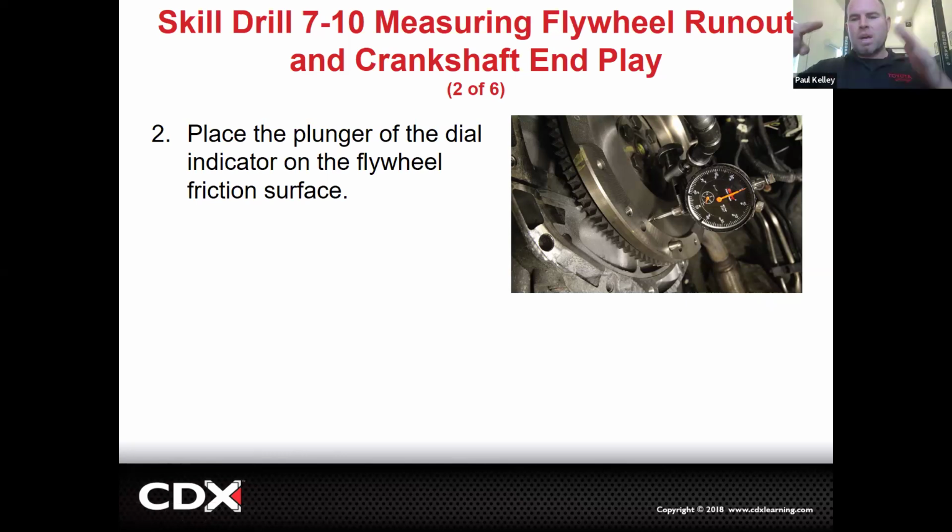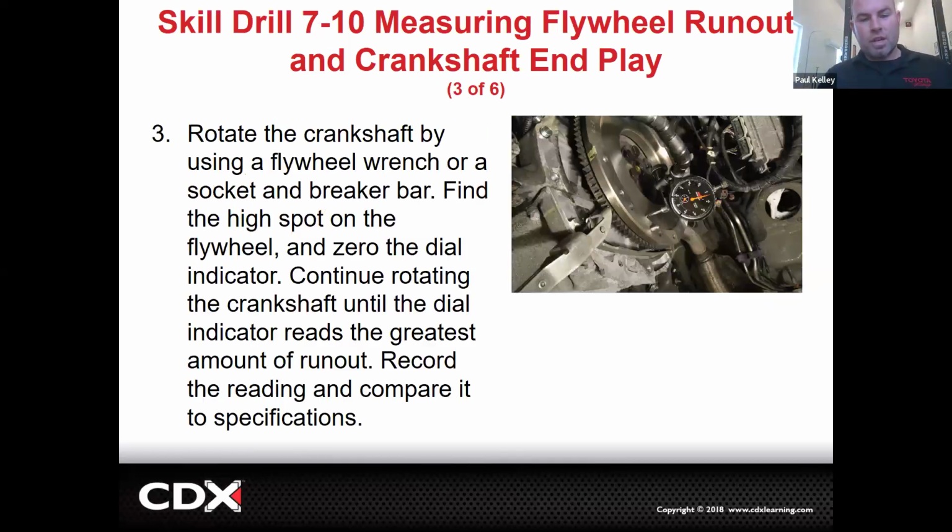If the runout's out of spec, it needs to be replaced or resurfaced, just like a rotor. But the other thing is, and the ASE can ask you the difference, right? If they show you like this and they show the crankshaft turning, that's flywheel runout. But if they show the flywheel going like this, that's actually crankshaft thrust or end play.